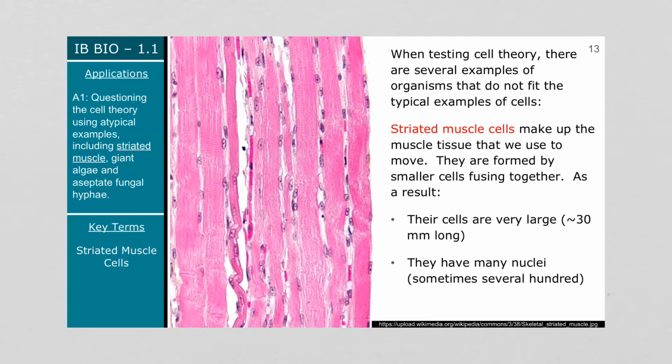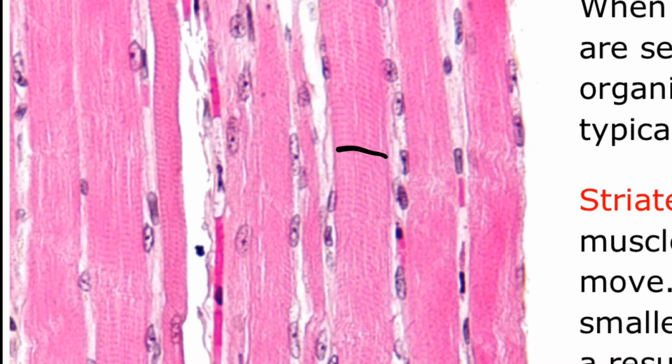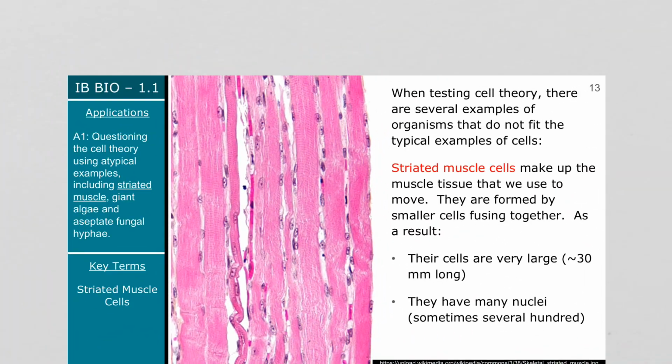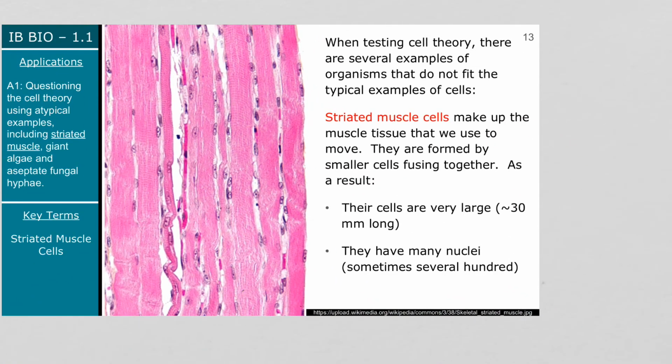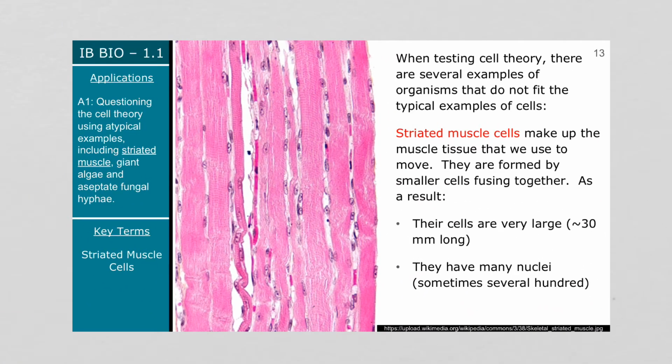So for example, muscle cells, striated muscle, they make up skeletal muscle. So striations refer to these, it's kind of hard to see here when you zoom in that far, but basically these little tiny lines here, they look like stripes, and those are striations. And skeletal muscle, the muscle that's attached to and moves your skeleton, is striated. Well, these muscle cells are an exception to what you would commonly think of as a cell because they are really, really long, up to 30 millimeters long.